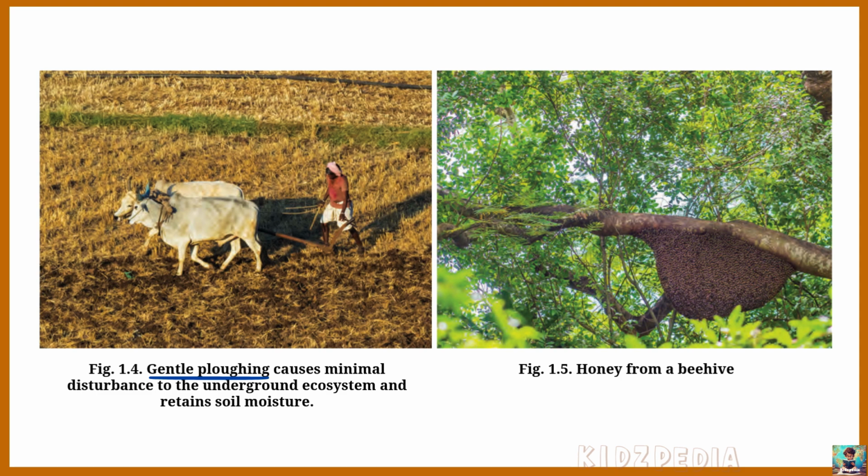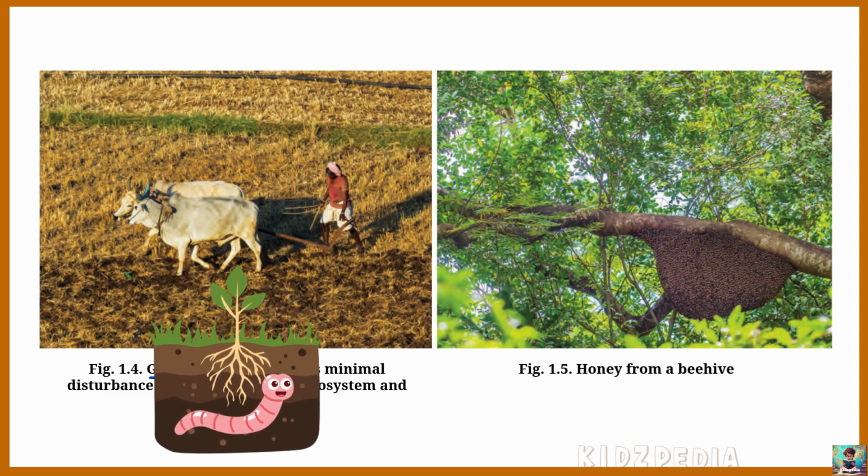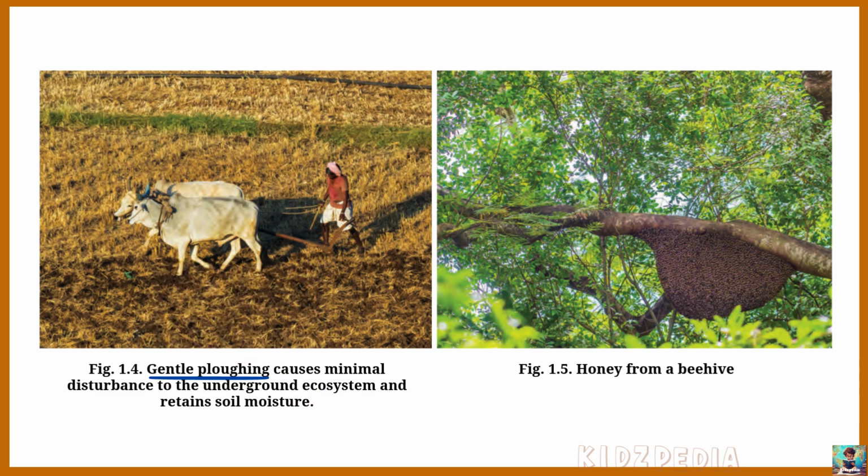So soil is not just dirt, it has a whole underground ecosystem, that is earthworms, insects and microorganisms. These help in keeping soil fertile and help plants grow better. Gentle plowing helps to retain, that is keep water in the soil and prevent soil from drying out quickly.